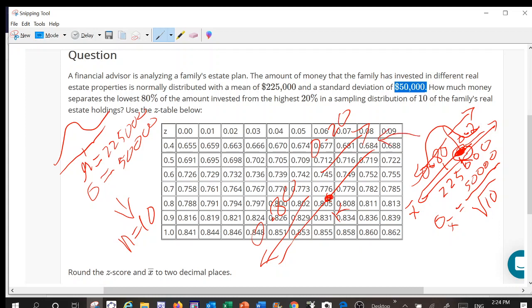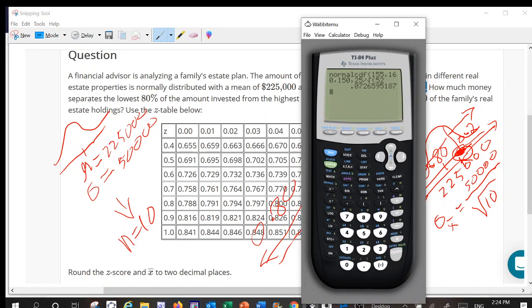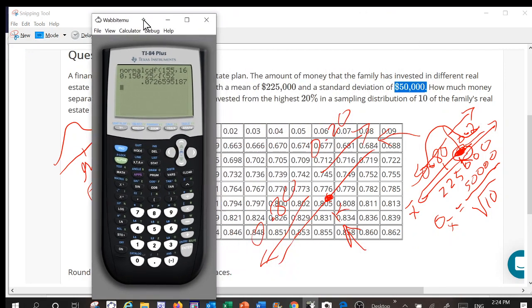Well, we can't use a normal CDF, we have to use inverse normal. So what we have to do is this, we have to go to inverse normal, and then how much area is to the left of the number that we want? Did you say 0.8? Yes, 0.80.